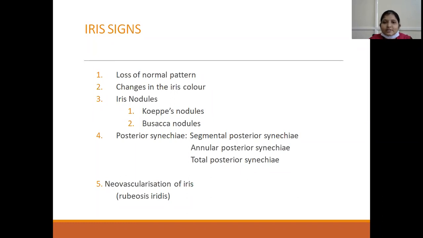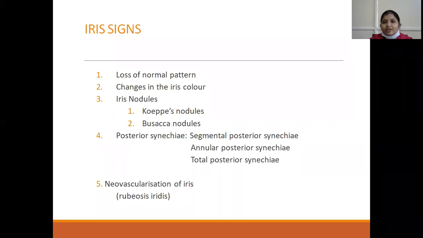Next is posterior synechiae. Synechiae anywhere means adhesion between two structures. So posterior synechiae means adhesion between the posterior surface of the iris and the lens. Mostly it is the lens, but in a post-op case where we have removed the lens and placed an IOL, it is adhesion between the iris and the IOL.